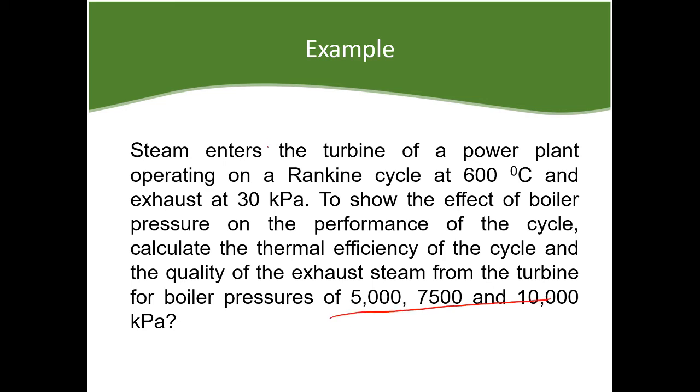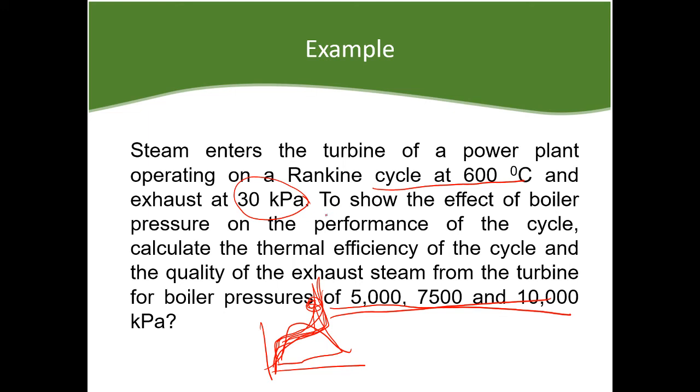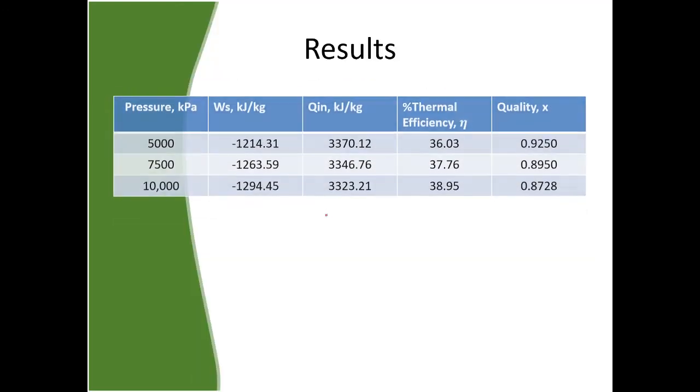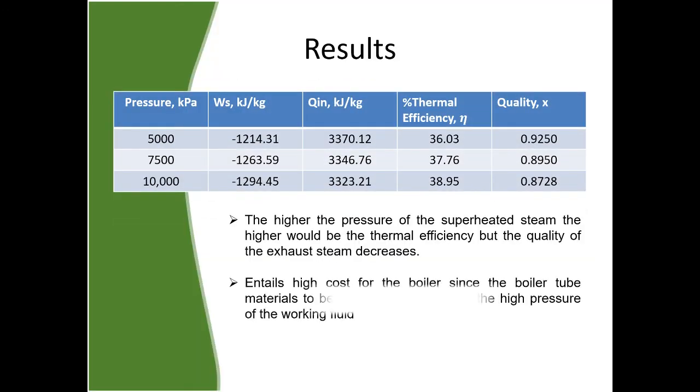Dito naman, fixed yung superheated temperature and fixed yung exhaust pressure. Nagbabari yung boiler pressure niya sa taas. Okay, ito yung binavary mo na boiler pressure. So, nag-iiba ka ng isobars. Ano yung effect niya sa thermal efficiency?